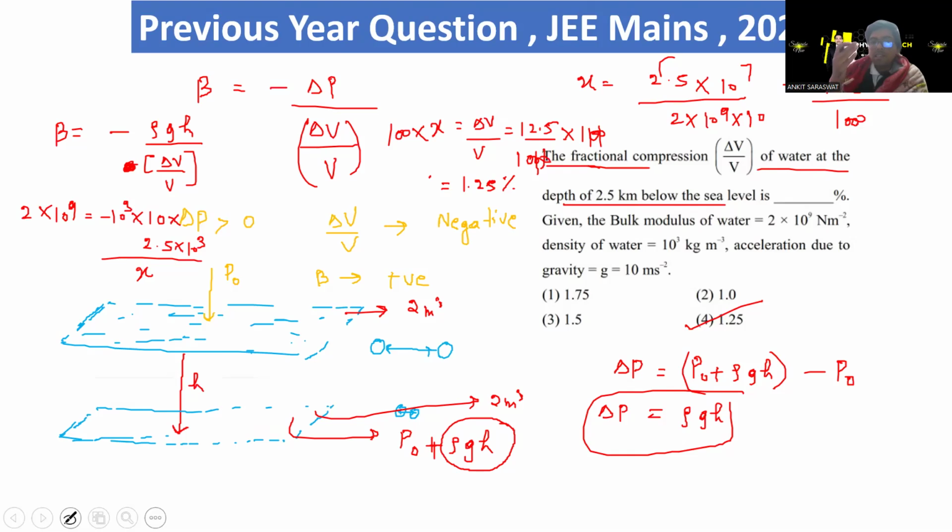So there is a slight change in the density. I'm not saying a very high change, but there is a slight change in the density, because of the slight reduction in the volume. You can see delta V by V is how much? 1.25% only. When you are going 2.5 kilometer deep down in the sea, 1.25% is the change in the volume of water. I think this doubt is clear.